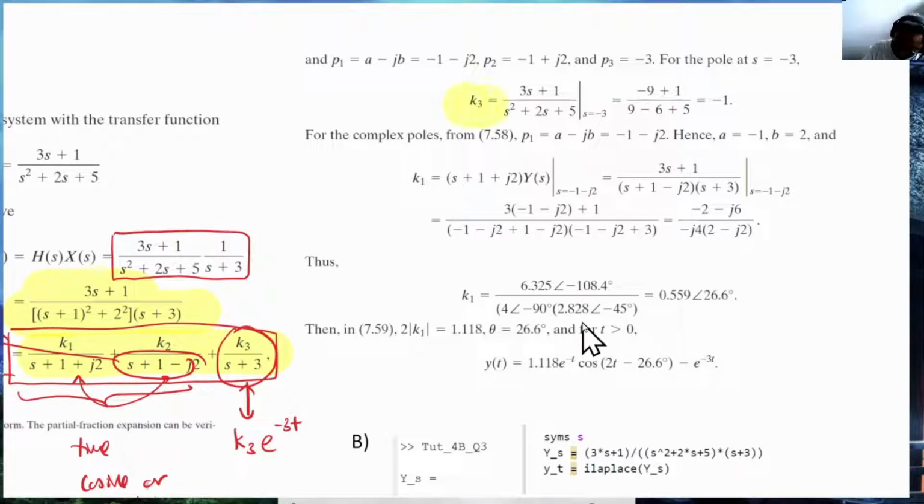So we have k3, and the answer of k3 is minus 1. k1 is this value here, and therefore k2 would be, actually, if this is k1, then k2 would be 0.559 angle minus 26.6, because k1 and k2 are complex conjugates of each other as well.